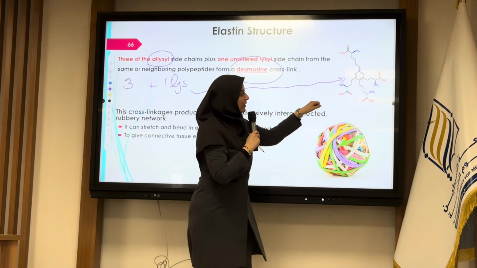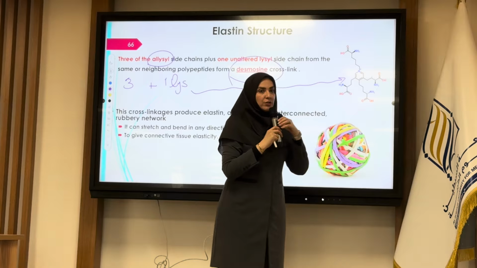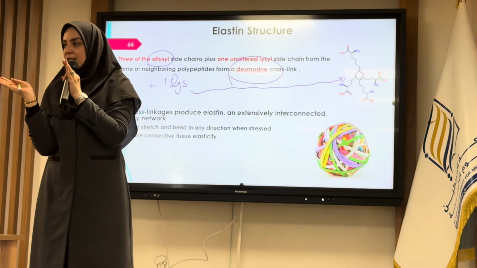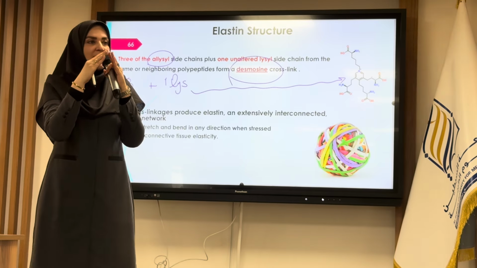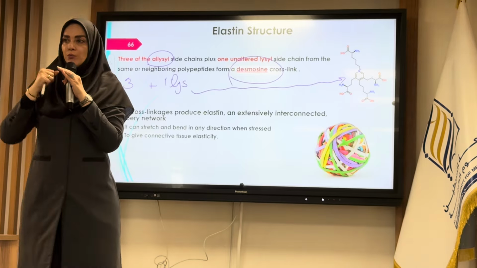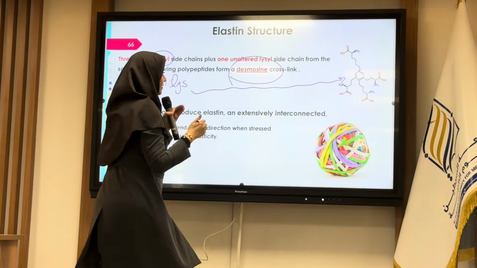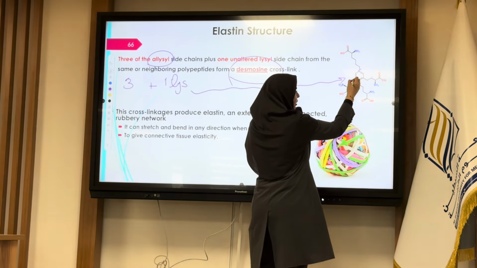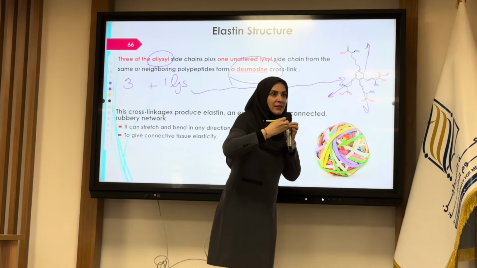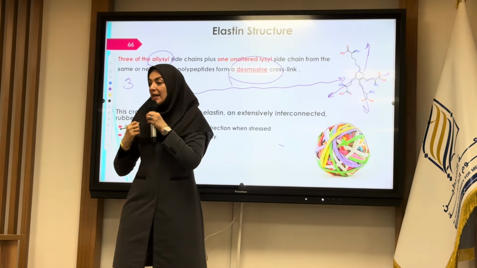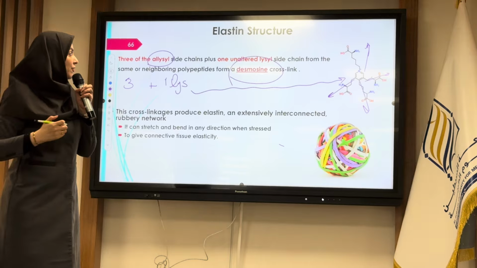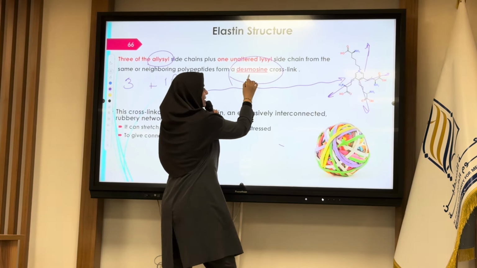Now you can stretch from any direction. 3 allysine and 1 lysine amino acid bond together and form a ring, and from each direction of the ring, you can stretch your molecule. Why do we say that elastin is a stretchy molecule? Because of the presence of desmosine.